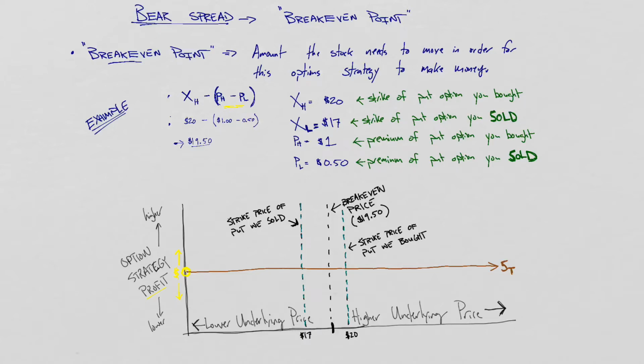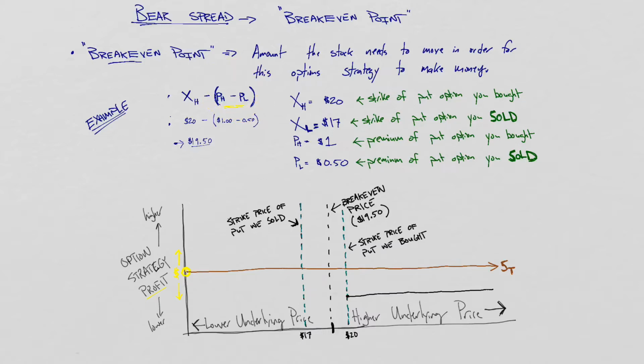well, we know that with this put option that we bought, it's not going to be making us any money until that stock price falls below the strike, this point here. But it's not really going to make us money until we cover the cost of the premium, the net premium from paying the higher priced strike and receiving or selling the lower priced put.